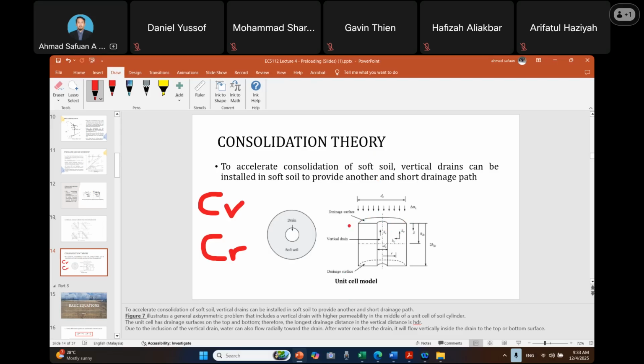So with the use of the vertical drain, there will be a combination of CV and CR. Without using the vertical drain, we only have the CV.